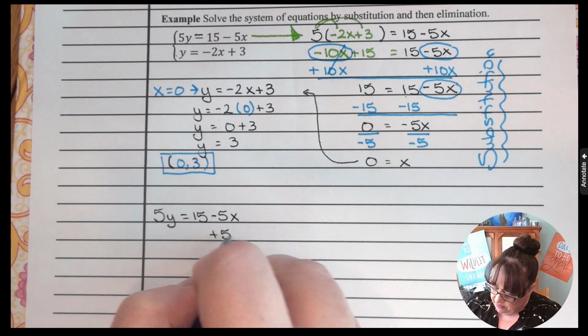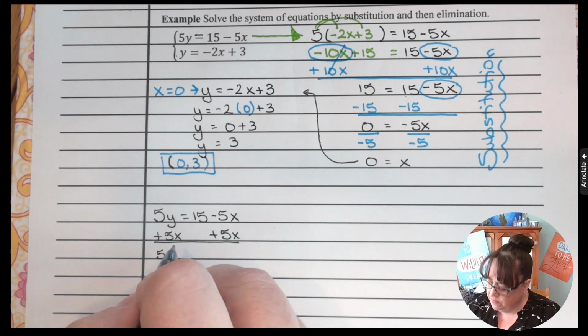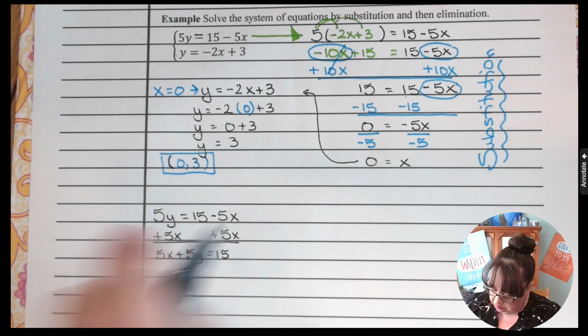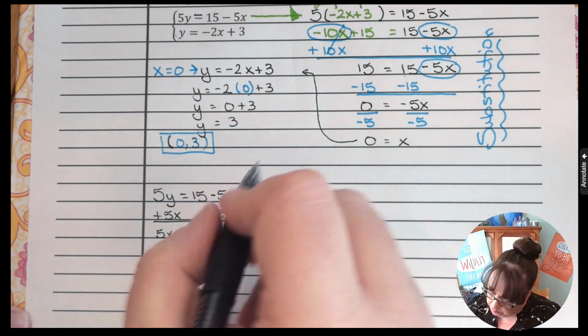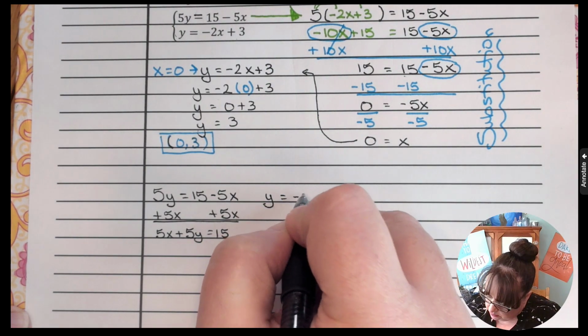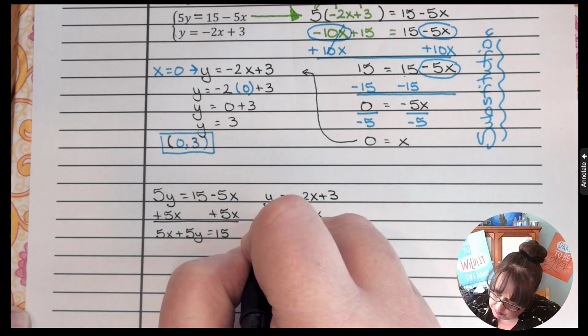So I need to add 5x to both sides. So this can be written as 5x plus 5y is equal to 15. Same equation, just rewritten, okay? Second one, y equals negative 2x plus 3. So I'm going to add 2x to both sides.